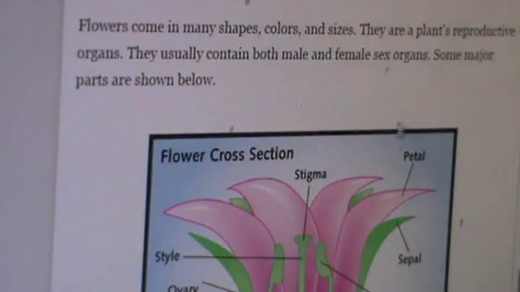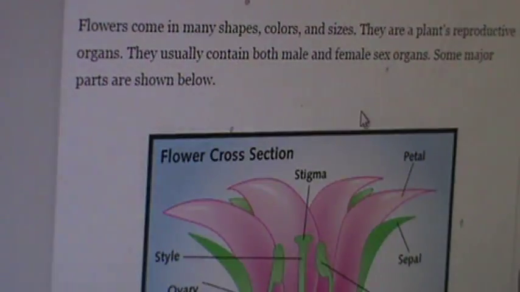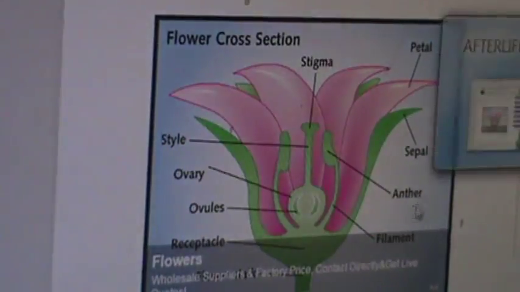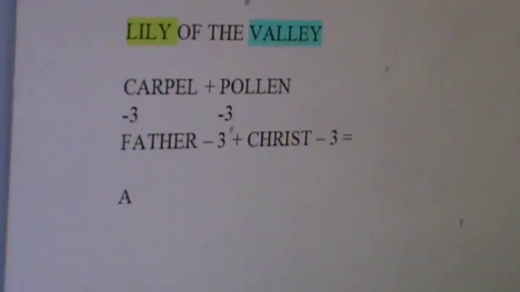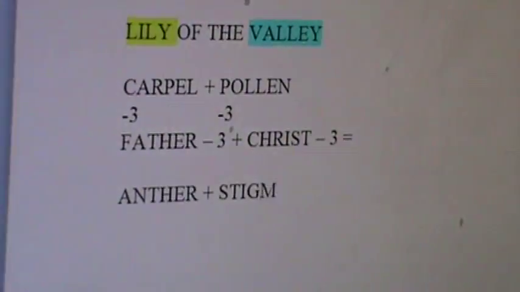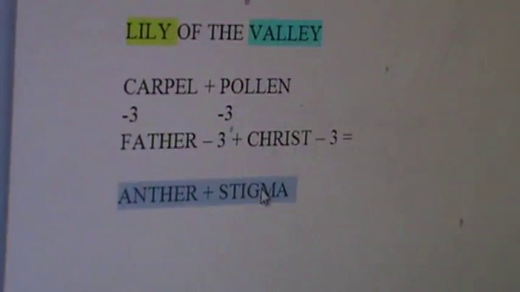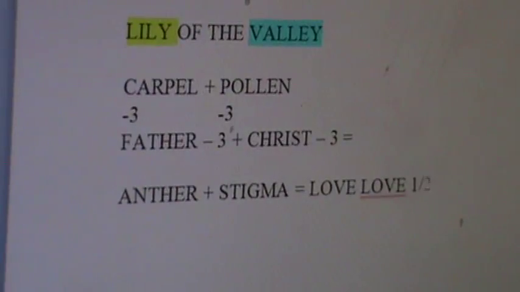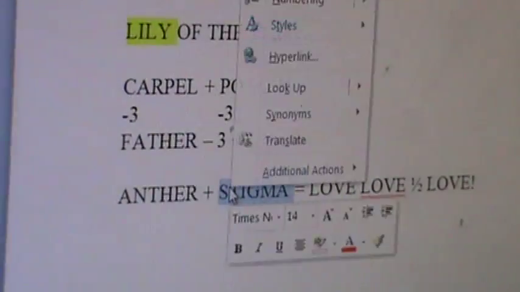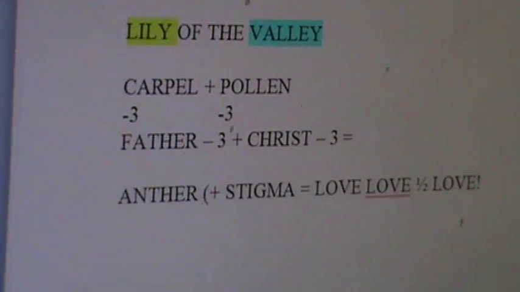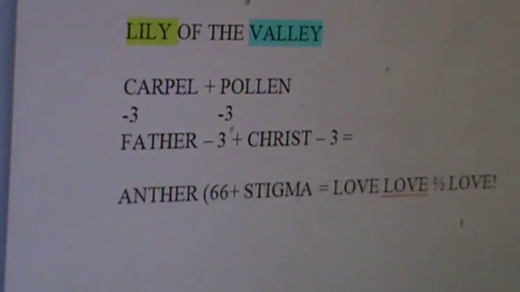I think the pollen goes from the... what's also interesting to me is that you can add anther plus stigma, and they're both divided by 3, and that yields a stunning love, love, half love. Very obvious combination. Both divided by 3, 66 and 69. Anther plus stigma.